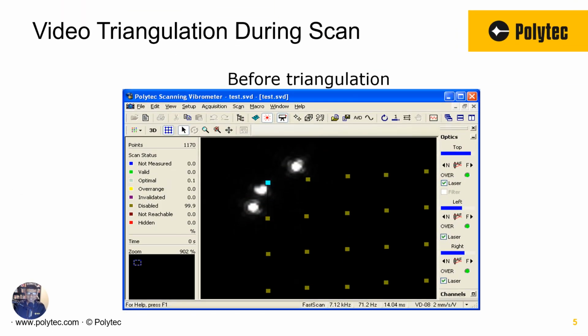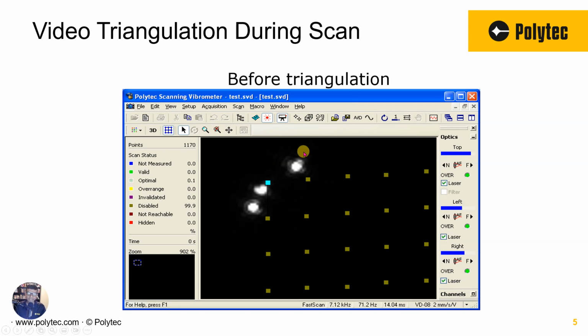Video triangulation is basically the process of merging the three beams precisely, as good as it can get, on top of each other. And then once we do that, the next step is adjusting the scan mirror angles and hence changing the XYZ coordinates of those points.